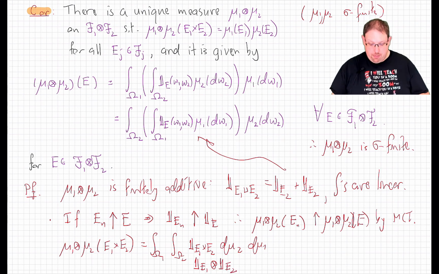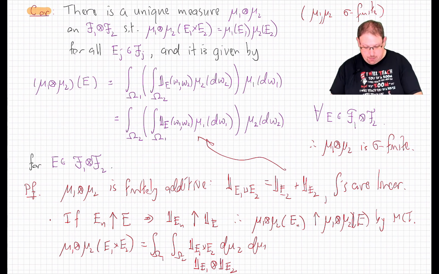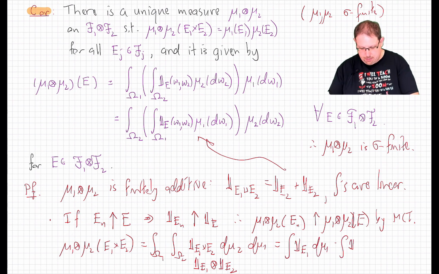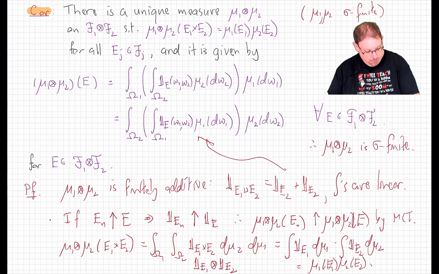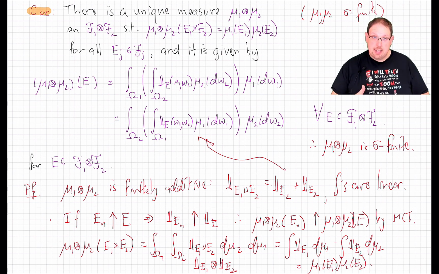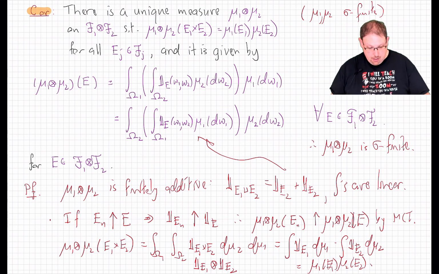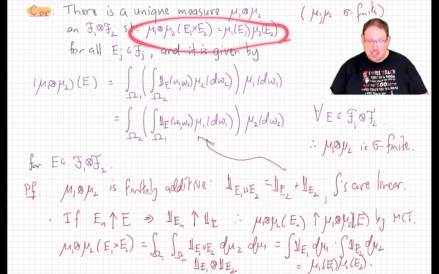And as we verified early on in this lecture, an iterated integral of a tensor product function just gets computed as the product of the integrals of those two functions, which is mu1 of E1 times mu2 of E2. So this does define a measure, and it satisfies the rectangle condition.